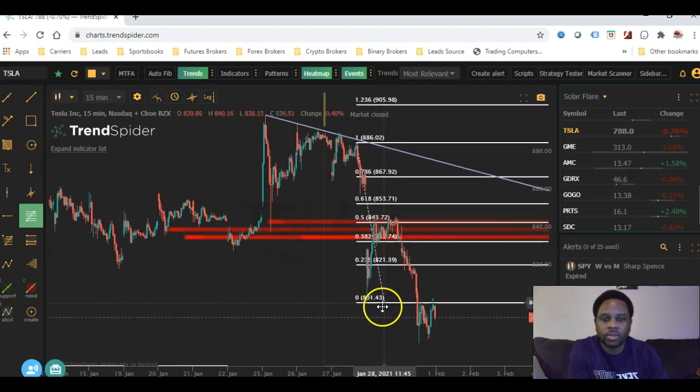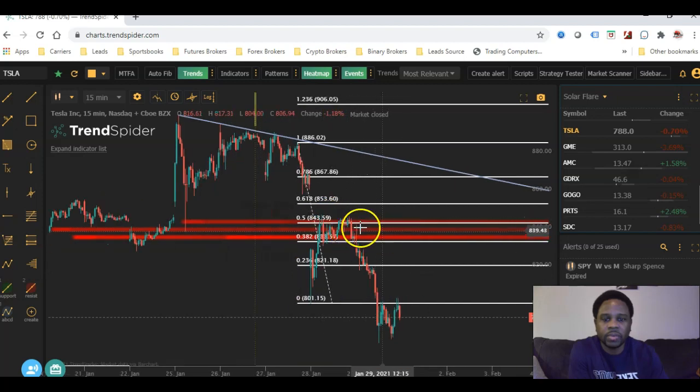All right, if we drew our fibs on here, as you can see, this area right here, we got a lot of confluence going on. This area right here was at our 50% pullback, which is known as the golden zone between the 50 and the 61, right?